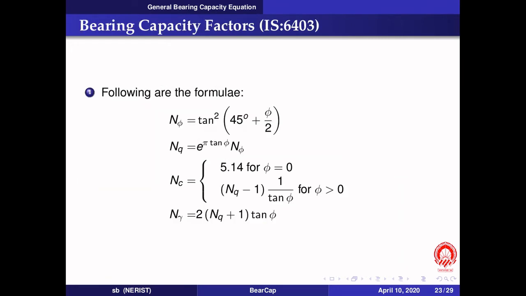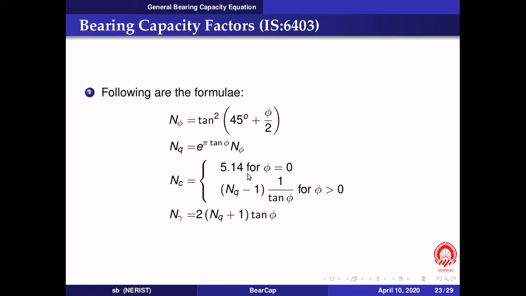First, the bearing capacity factors that are given by IS 6403. We need not refer back to those charts if we follow this bearing capacity equation, because they are expressed in terms of some analytical formulae. NQ is given by e to the power pi tan phi into N phi, where N phi is tan square 45 degree plus phi by 2.